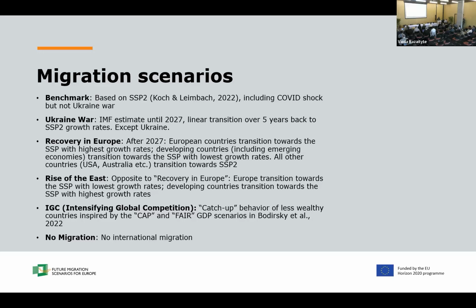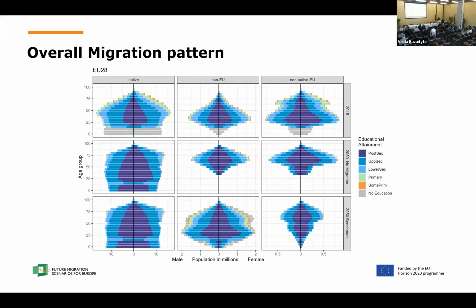Because we have the EU countries with country of birth information and the population projection, the most detailed migration and population projections are within Europe, because we have country of birth for both in- and outflows of all those countries. Thank you.